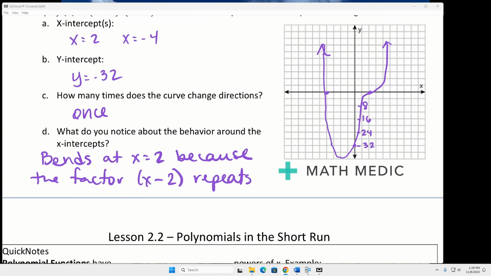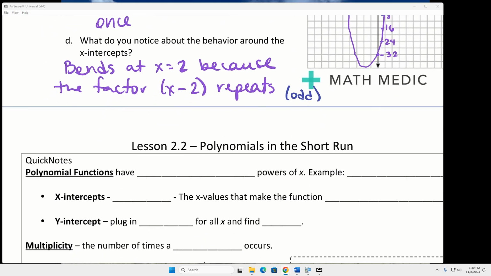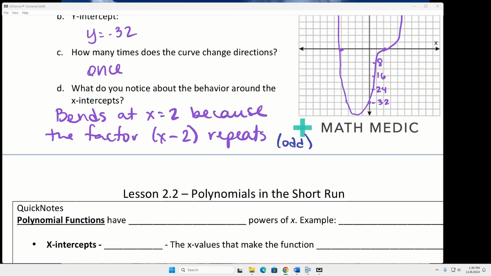And when it's odd repeating, that's when you get the bend. Do y'all remember that? Multiplicity? Maybe some teachers didn't teach it last year. Usually students remember hearing about it because it's kind of challenging. You can go ahead and go. Good luck.